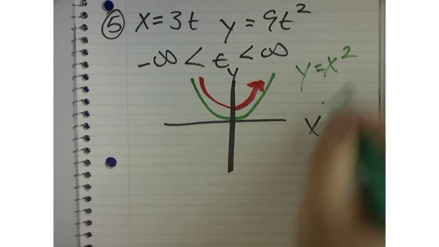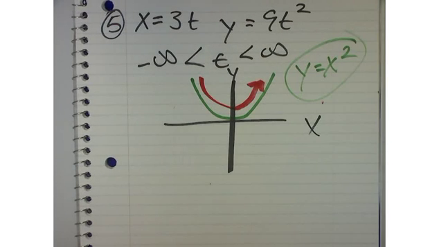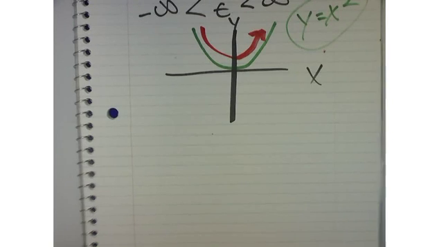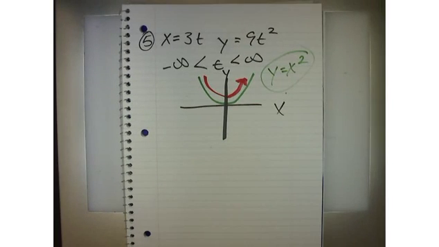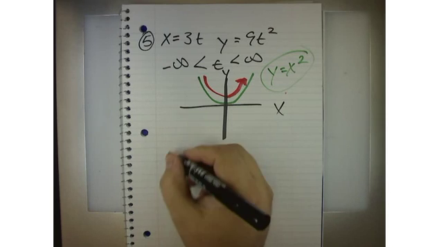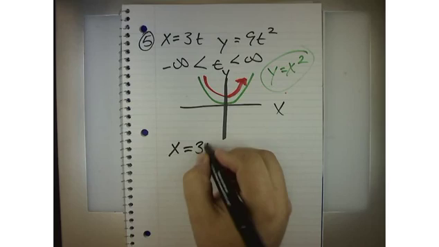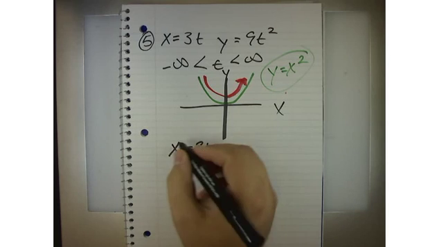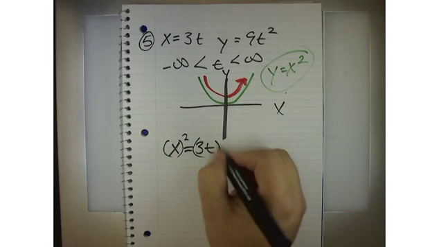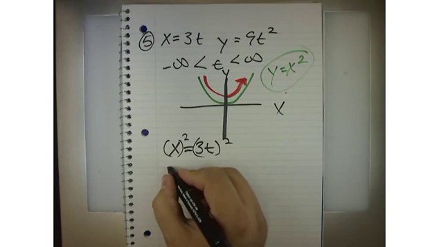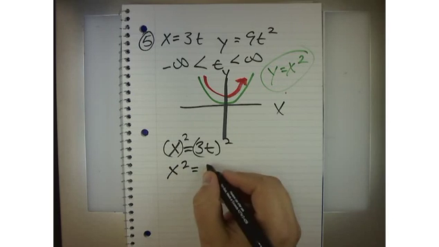But now we want to be a little more formal, and we've got to show that it's y equals x squared. If you say x equals 3t, and I square this side and I square this side, x squared equals 3 squared, which is 9, t squared.